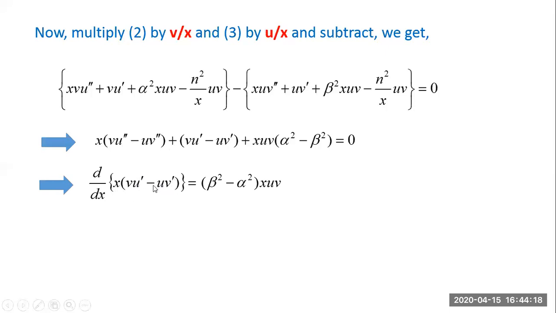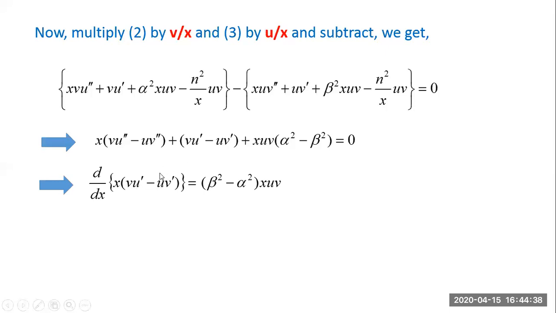Using the product rule, keeping x as constant and differentiating this with respect to x, you get v u double dash plus u dash v dash, and here you get u v double dash minus u dash v dash. So u dash v dash cancel. You get v u double dash minus u v double dash.